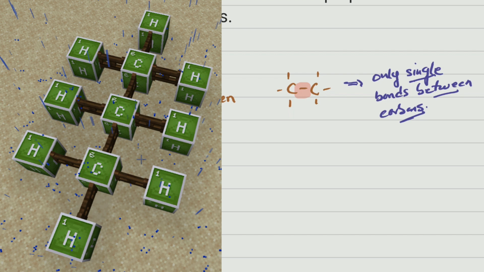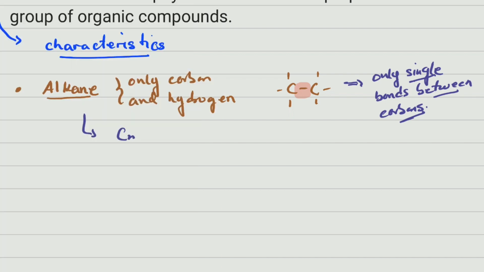It doesn't matter how long or how big the compound is, it is only going to have single bonds between carbon atoms. And something important we must mention is the general formula. The general formula for alkane is CnH2n+2, which means all the alkanes follow this trend, and we can use this formula to identify if a certain compound is an alkane.